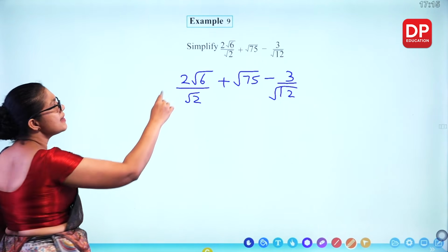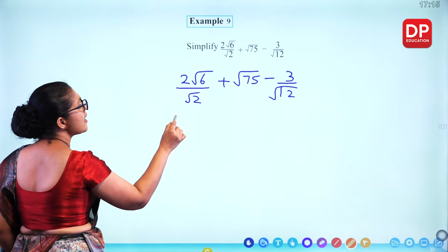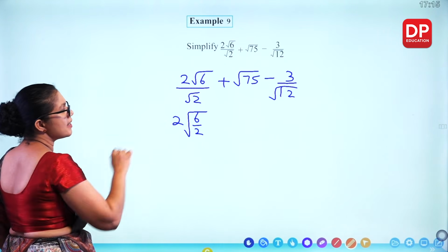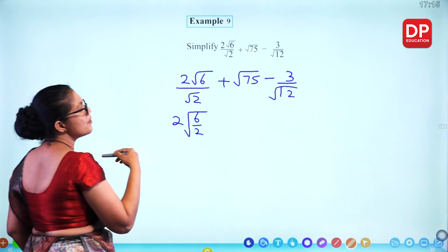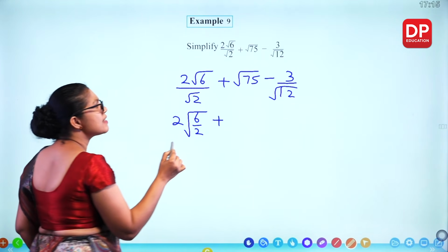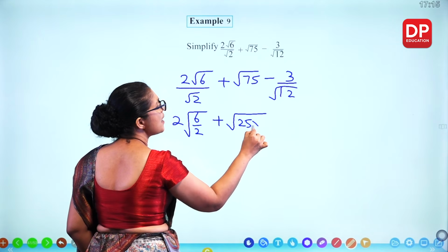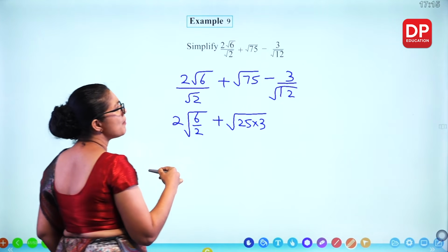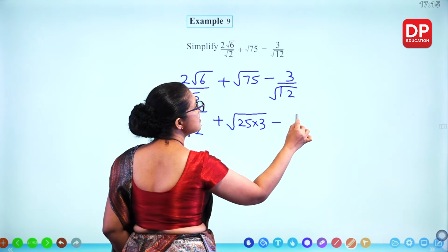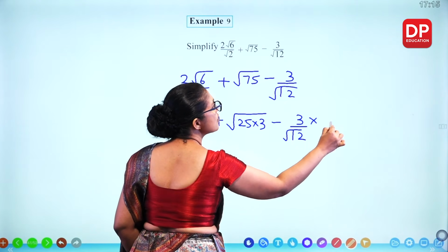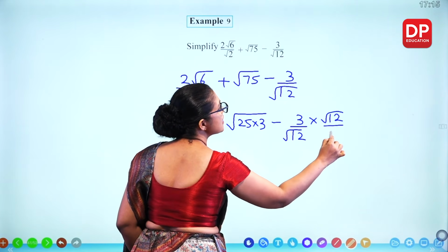First we'll see this one is division. So I can write this one as 6 and 2 7 inside the same radical form. 75 I can write as a square number, 25 times 3. What about this one? We can't simplify. So what can we do? I can rationalize the denominator.